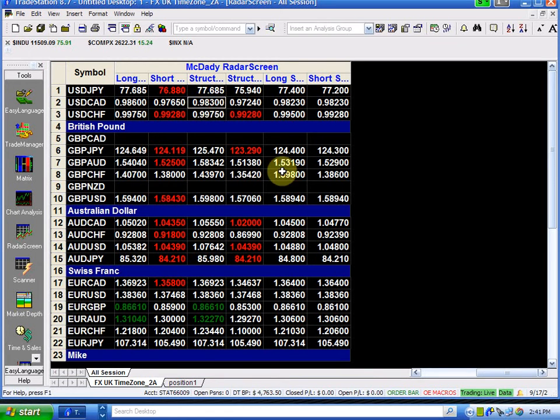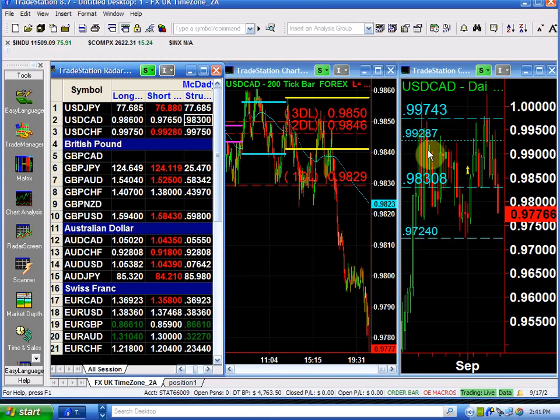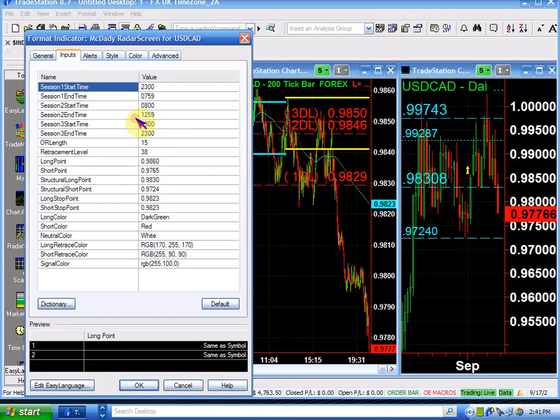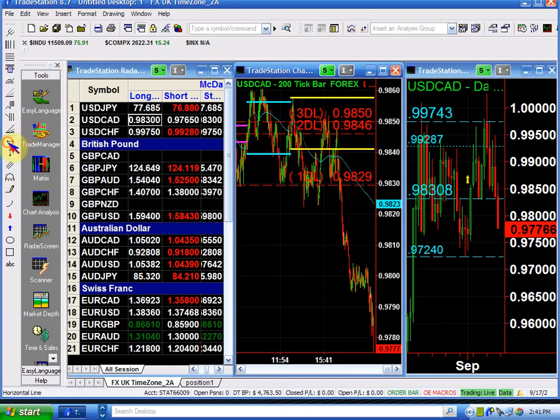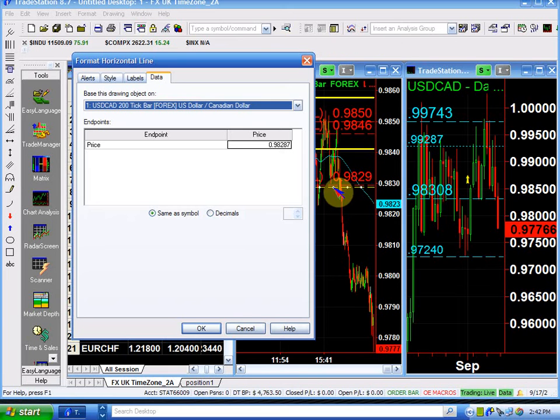My structure long is, well, in this case the structure long should be the same as the... So what I'm going to do here, just to maintain the consistency of the way we trade, the structure point in the dollar CAD is the 98.30, which I'm going to show you here so that you can see it.